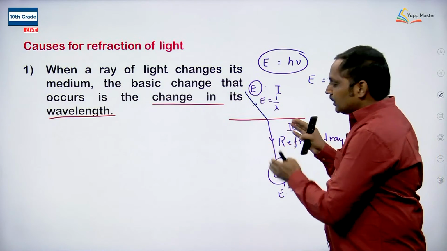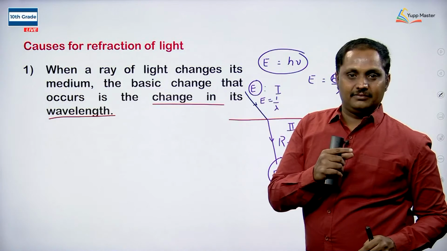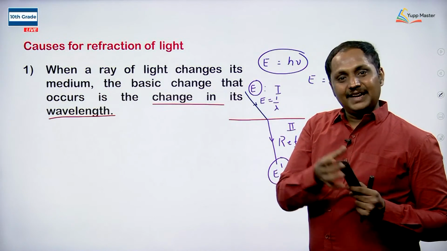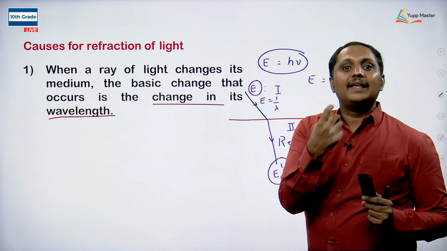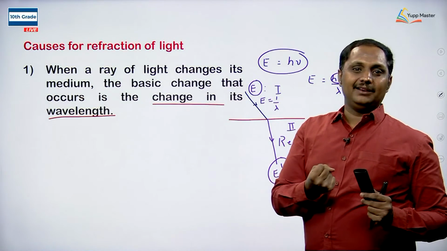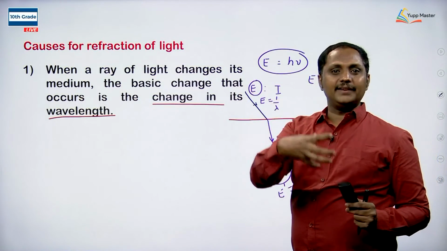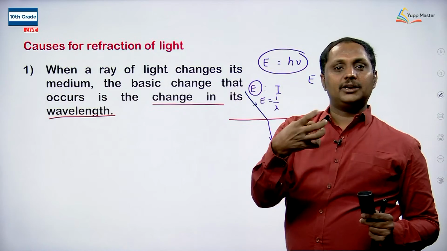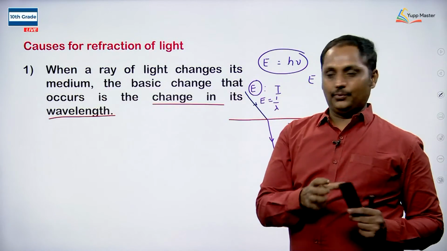That is due to the interaction. What type of interaction? The energy of the incident light has been absorbed by the material, meaning absorbed by the atoms, whatever it may be.